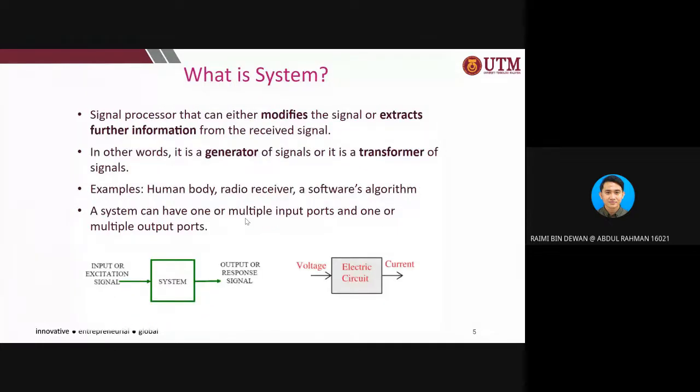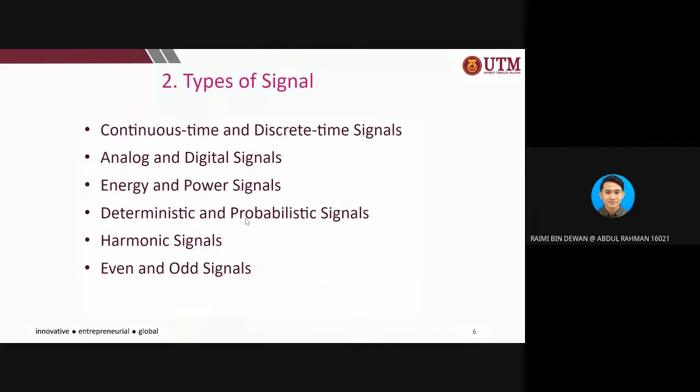So what is a system then? A system is something that processes a signal, either to modify the signal or extract further information. This has already been explained. Now we see types of signals. We have continuous time and discrete time signals, analog and digital signals, energy and power signals. A signal can be either energy or power or neither.